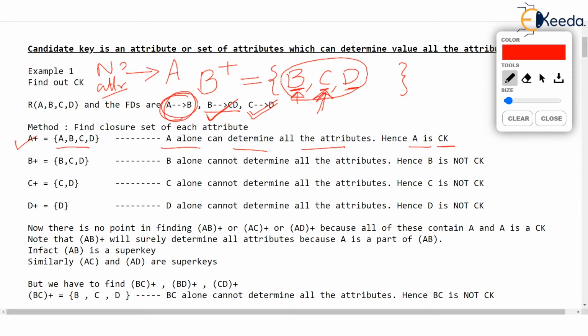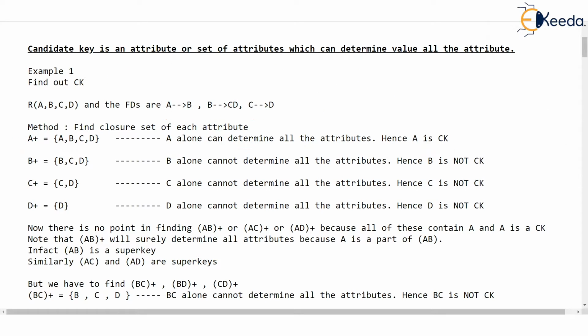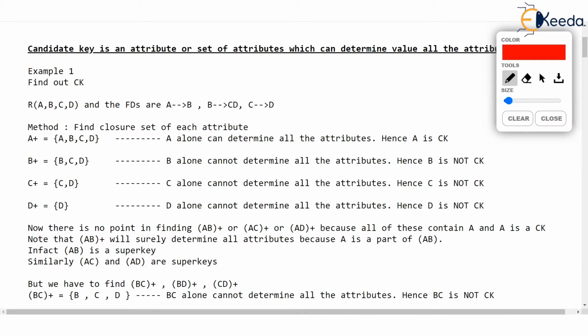But then B closure is definitely BCD. So we see that B alone cannot determine all the attributes. So B is not a candidate key. Okay. What about C closure? C closure will contain C, definitely. And as C is there, C determines D, so D will be brought in.